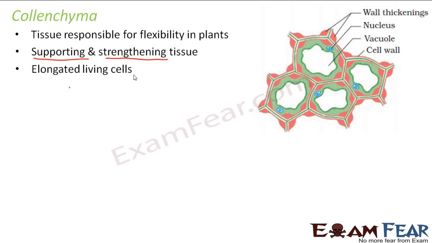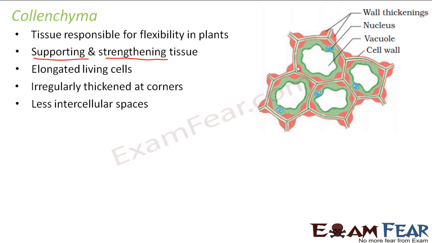But here it is supporting and strengthening tissue with elongated living cells, irregularly thickened at corners. If you see, these are the cells. This is one cell. The wall thickenings, these red colored things, are nothing but the thickenings at the walls. Their walls are irregularly thickened at corners.